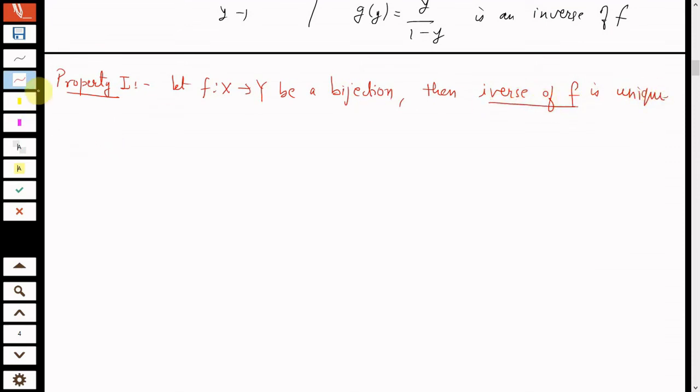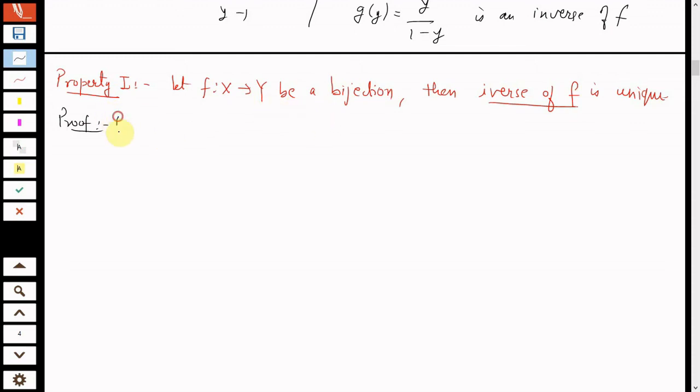Okay, so let's produce a proof for this. We know that f from X to Y is a bijection. Whenever we want to prove something is unique, what we will do is produce two inverses of this bijection, and show ultimately that these two have to be the same.